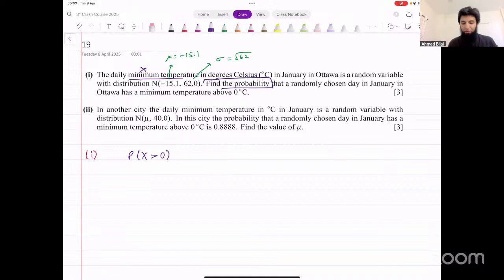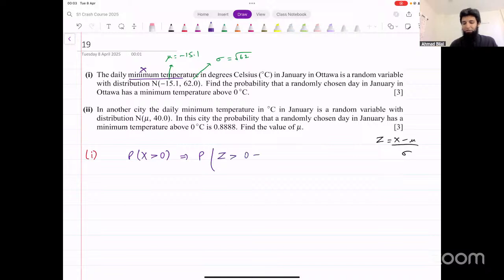Okay, we're looking for probability. So when we're looking for probability, that's simple normal, right? We have data given and we're looking for probability. What we do in such problems is, first of all, we convert this X value to Z value using the formula Z equals X minus mu over sigma. Let's convert it to Z. So it becomes Z greater than X minus mu.